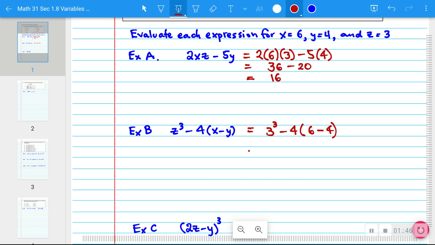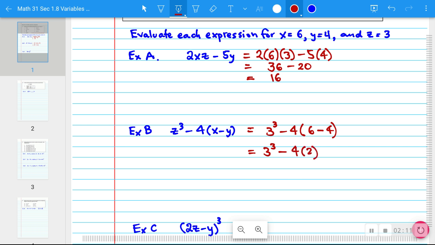Of the operations showing, there is an exponent, a subtraction, a multiplication, and a subtraction that's buried inside a parenthesis. Start with a parenthesis. So 6 minus 4 is 2.